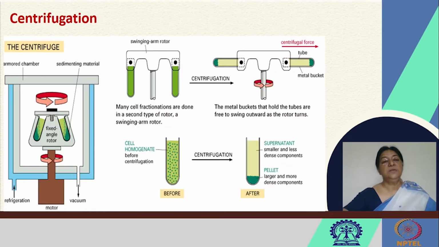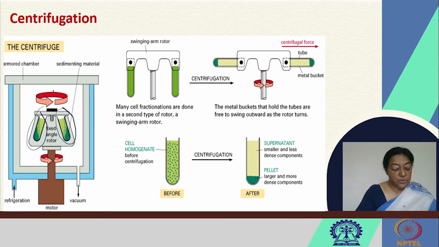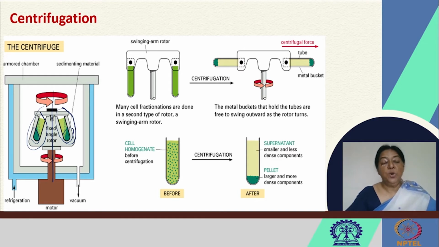A common method is the use of a centrifuge. On the left-hand side, we see a fixed angle rotor where the test tube is fixed in the specific angle with respect to the axis of motion. And the pellet that we see here, where we have the sedimenting material, the pellet, and on top we have the supernatant. So we can pour out the supernatant depending upon what we are interested in.